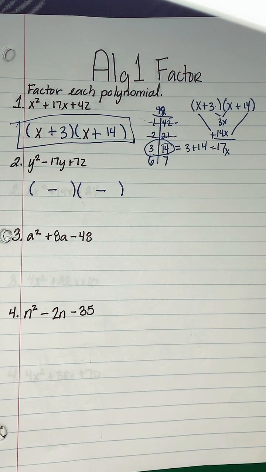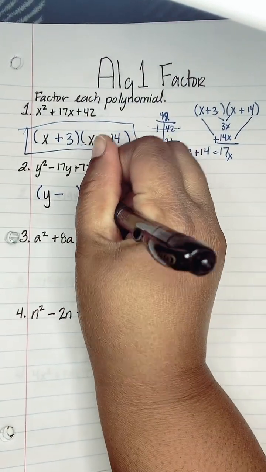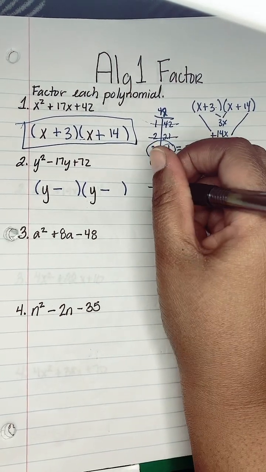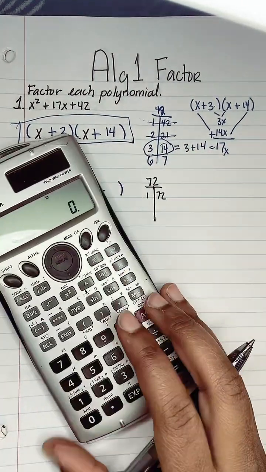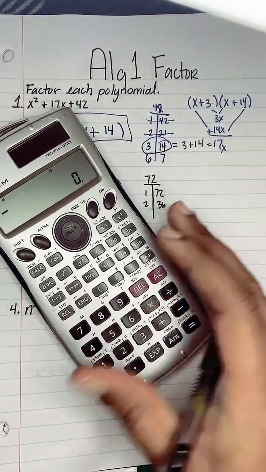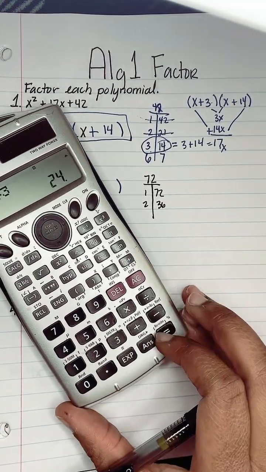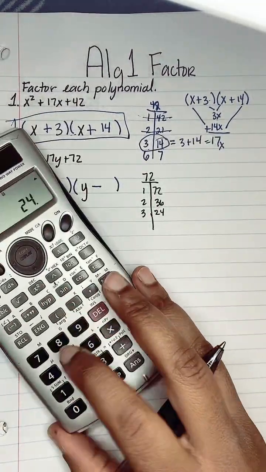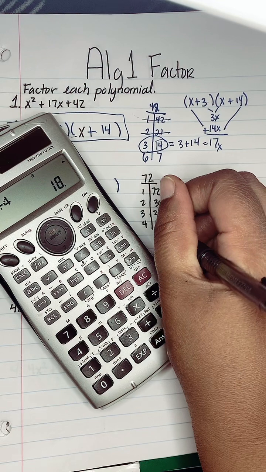Then we go back to asking ourselves, what times what gives us y squared? Well, y times y. What times what gives us 72? I'm going to draw my T and put 72. 1 times 72. 2 times 36. 72 divided by 3 gives us 3 and 24. 72 divided by 4 gives us 4 and 18.